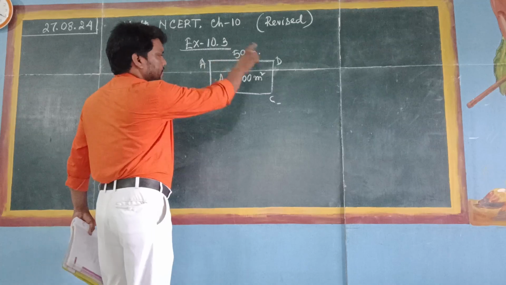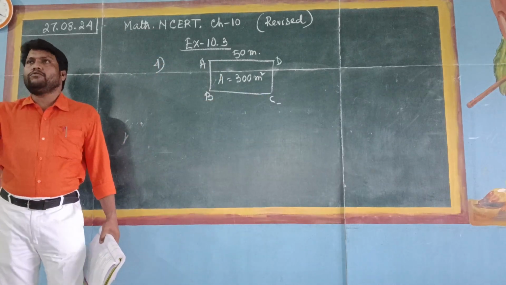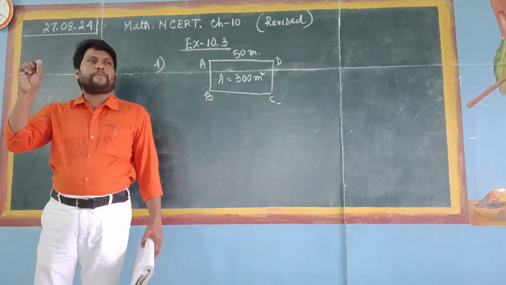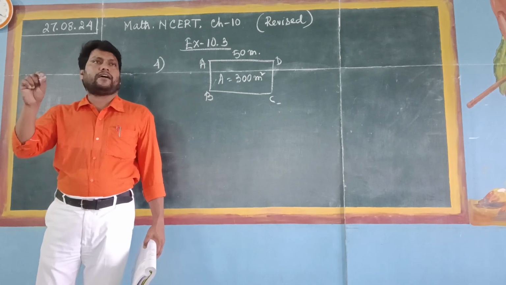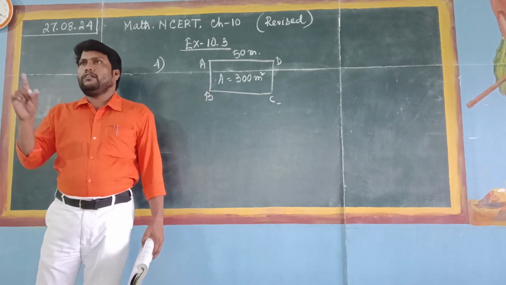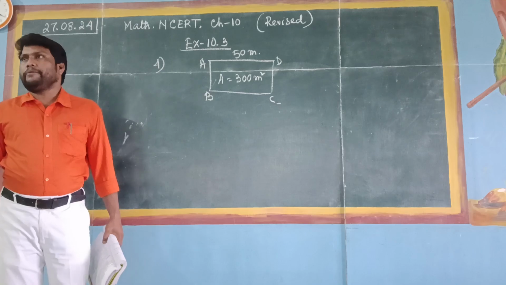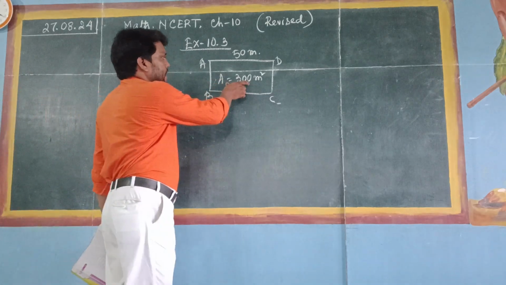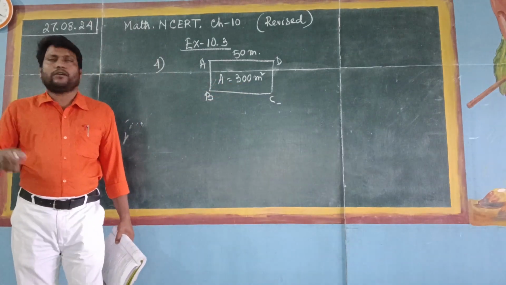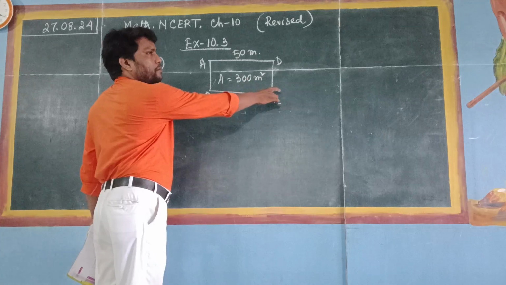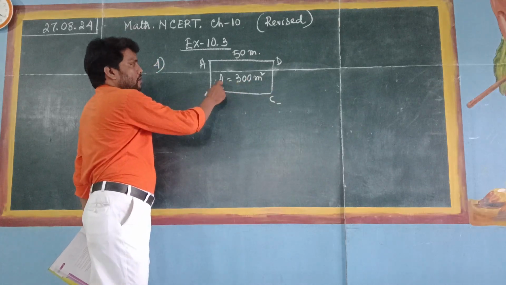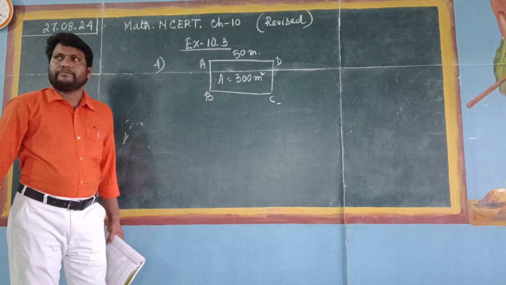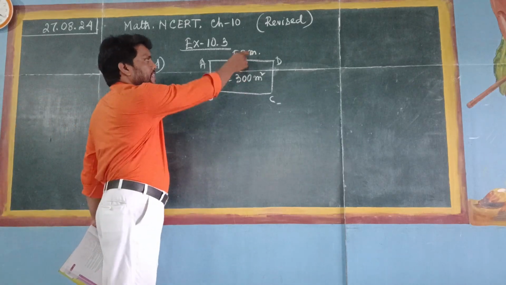You know that to find out the area of a rectangular field, rectangular park, rectangular lawn, etc., what is the formula? Length into breadth. In this problem, area is given and length is also given.